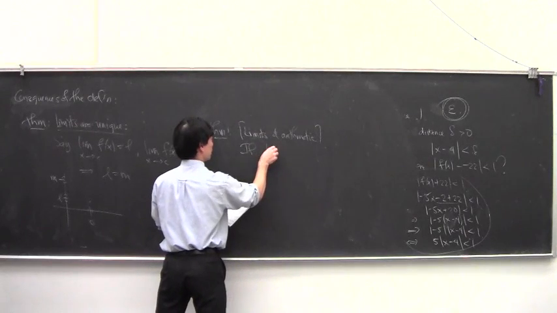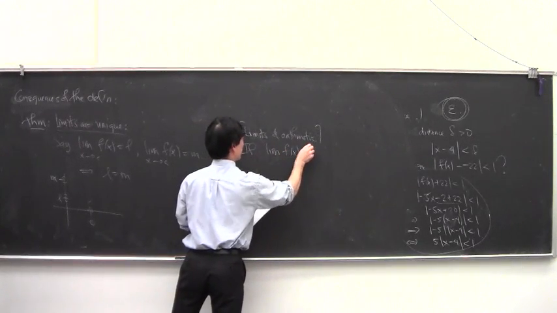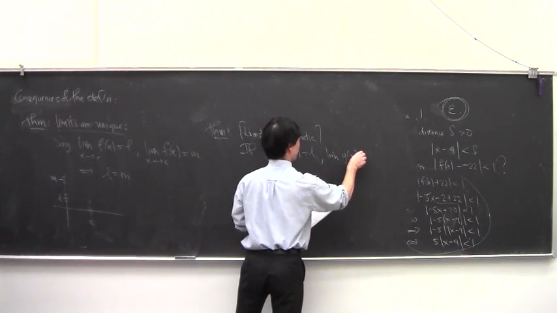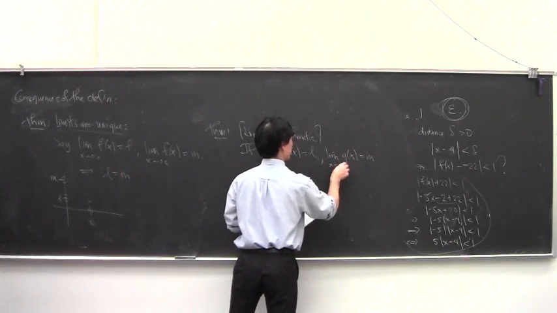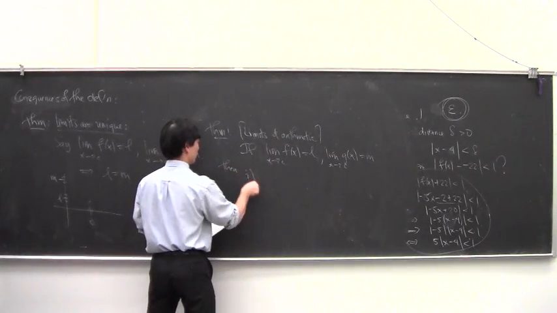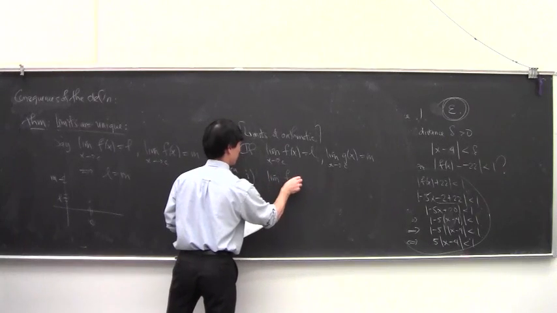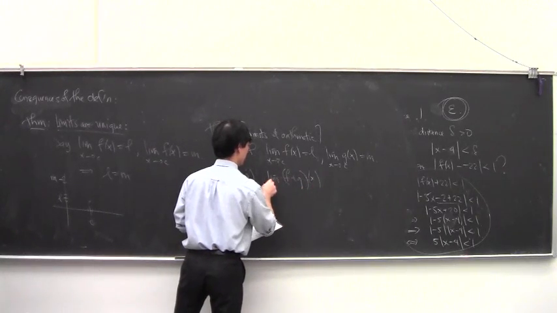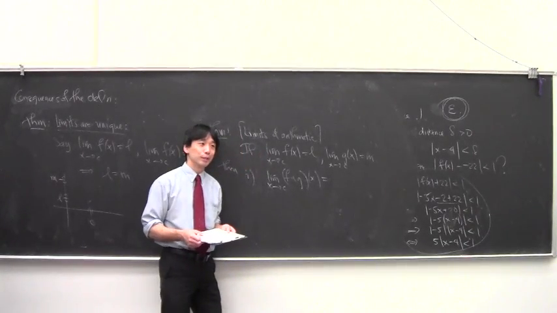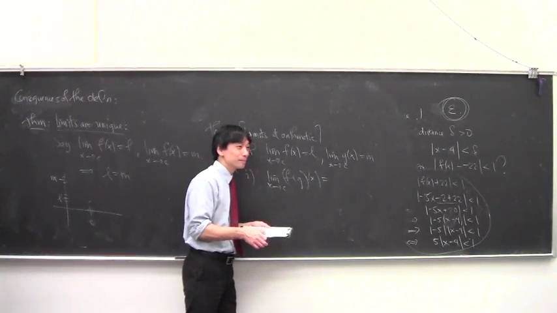If the limit of one function f is L as x approaches c, and the limit of another function g is M as x approaches the same point, then the limit of the sum function as x approaches c is going to be what?